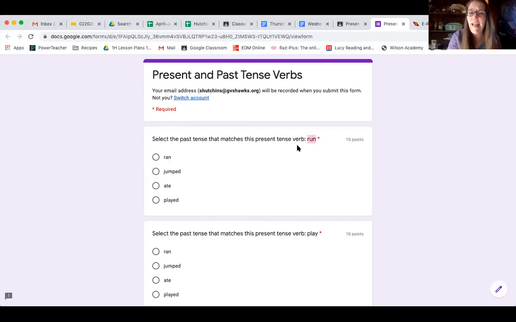But jumped and run, do they mean the same thing? No, they don't. Ate and run, do they mean the same thing? No. Played and run, do they mean the same thing? No. So jumped, ate, and played cannot be the past tense of run because they don't mean the same thing. Okay, just because the tense changes, the time changes, doesn't mean that the action changes.